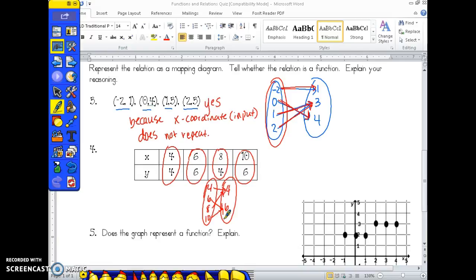Again, each input only goes to one output, so yes, it is a function, because the input is paired with only one output.